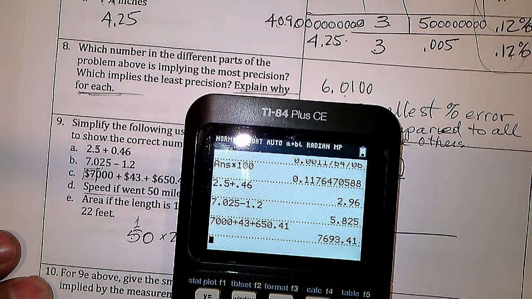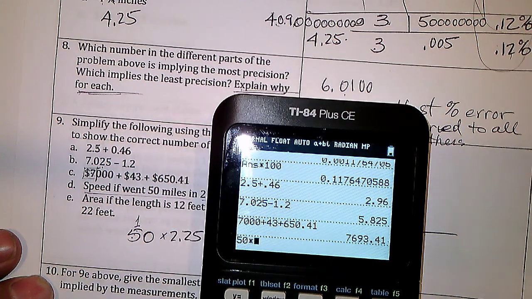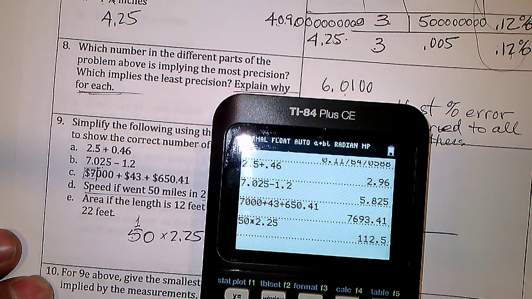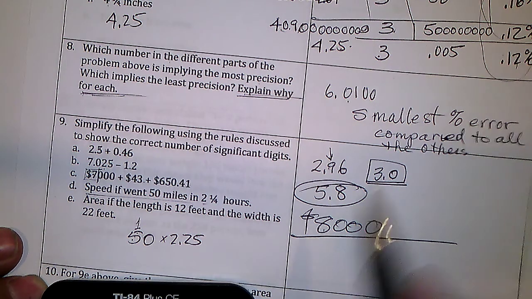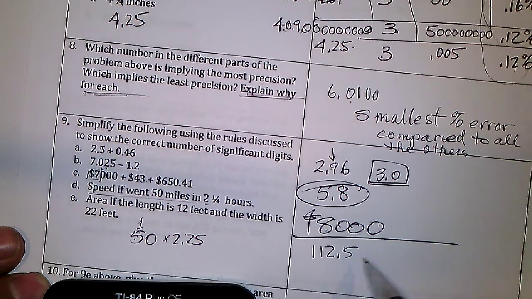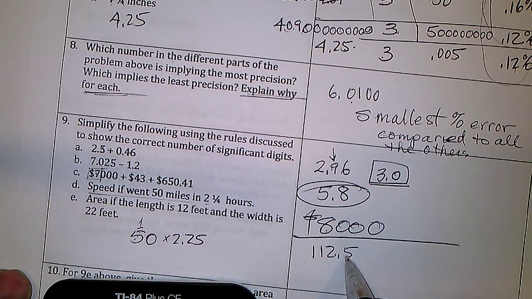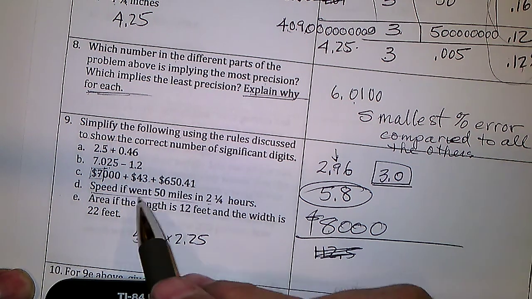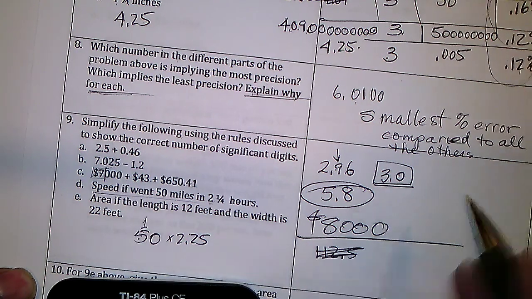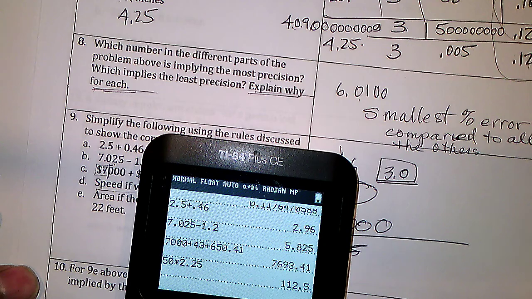So we'll actually do the multiplication, 50 times 2.25. We get 112.50. 112.5 miles, or, excuse me, speed. So it's miles divided by hours. So we want to divide miles per hour. So we want to go, did that one backwards.